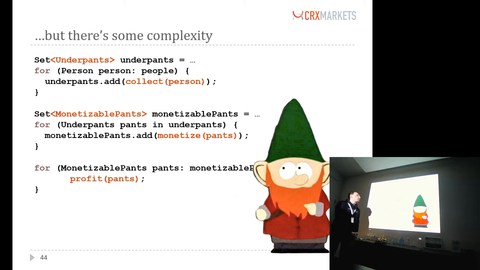For example, these methods have to work on collections. So we have to execute these methods on every element of the collection and then receive the result, and then execute the next method on every element of the collection, receive the result, and then execute the last method. So this is a lot more cluttery. But in Java 8 we have streams.